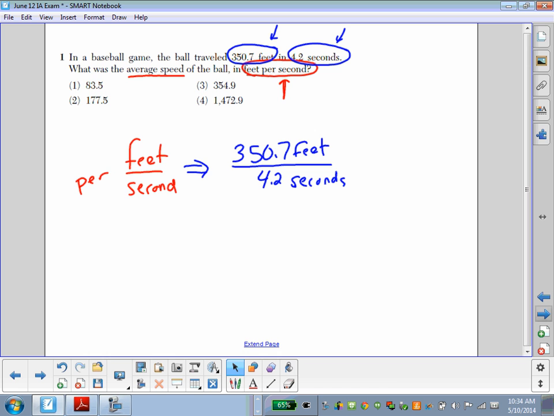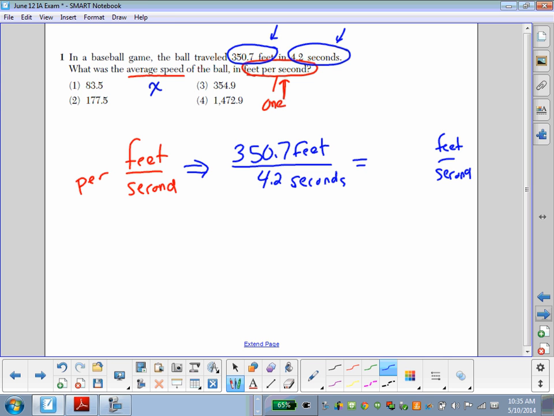When they're asking for feet per second, what they're actually saying is feet per 1 second. So they want to know how many feet, what was the average speed, so that would be my x, of the ball in 1 second. So I'm going to continue and make a proportion. I'm going to put feet here, seconds here.